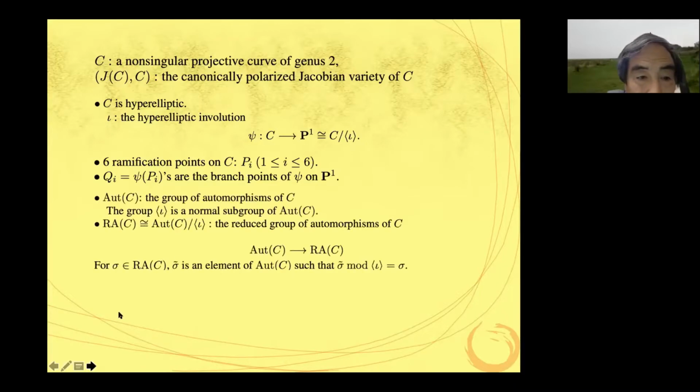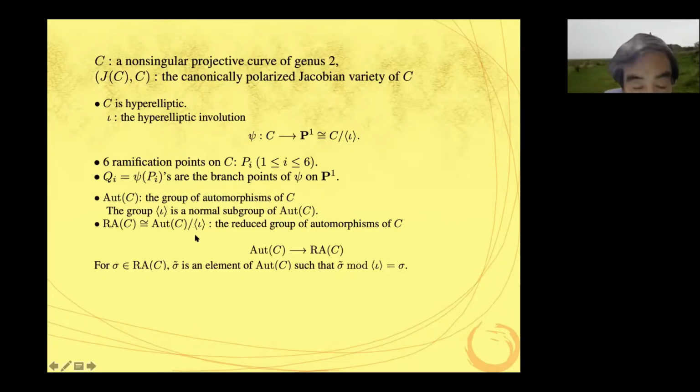We denote by Aut(C) the group of automorphisms of C, and the subgroup generated by the involution is a normal subgroup of this automorphism group.